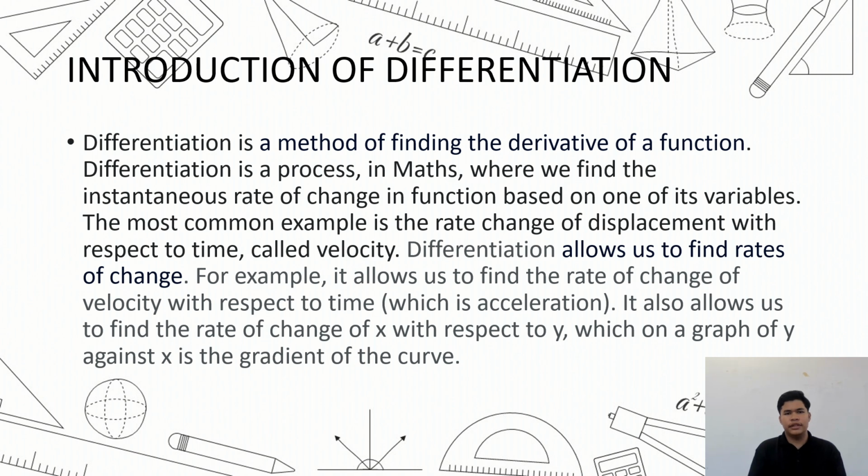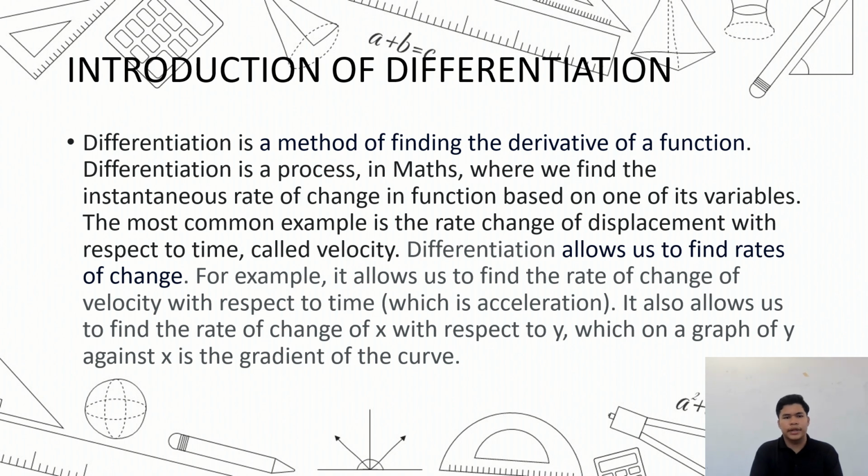For the introduction of differentiation, differentiation is a method of finding the derivative of a function. Differentiation is a process in math where we find the instantaneous rate of change in a function based on one of its variables. The most common example is the rate of change of displacement with respect to time, called velocity.